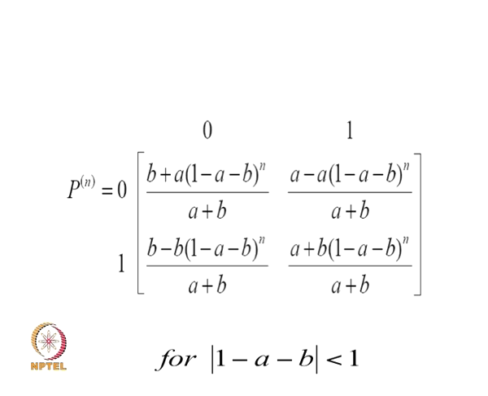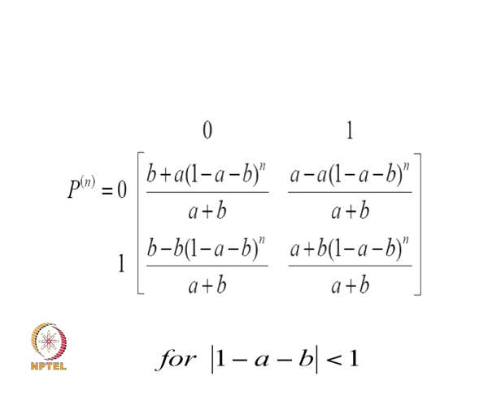I am just giving only the result: b plus a times (1 minus a minus b) power n, divided by a plus b, and a minus a times (1 minus a minus b) power n, divided by a plus b.